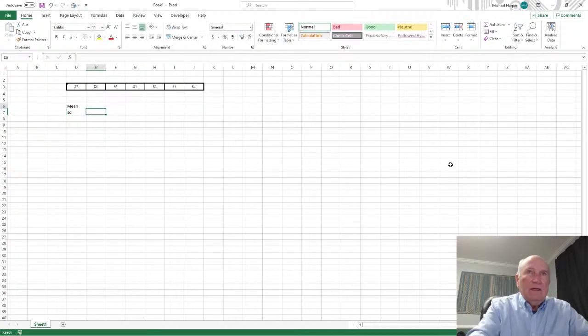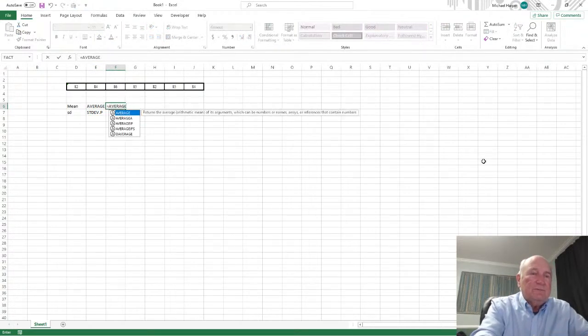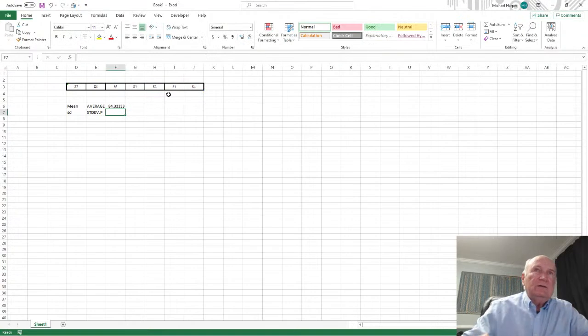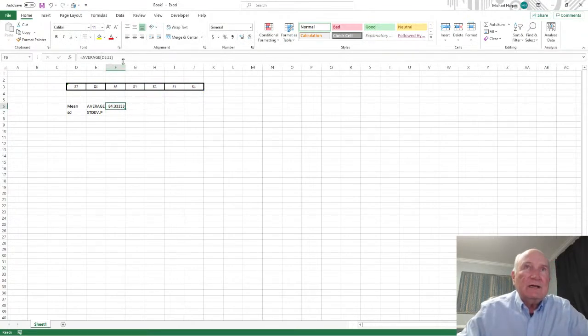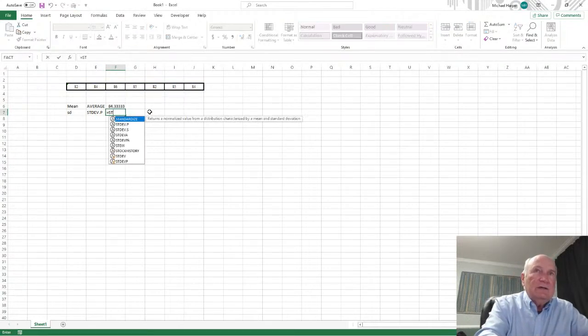This is going to be average, and this is going to be standard deviation dot p. That's what you use. So this equals the average of all of these numbers. That's the average. Did I get them all? Doesn't look like I did. I guess I did. And then this equals a standard deviation dot population.